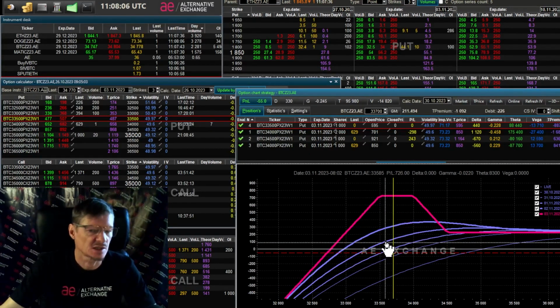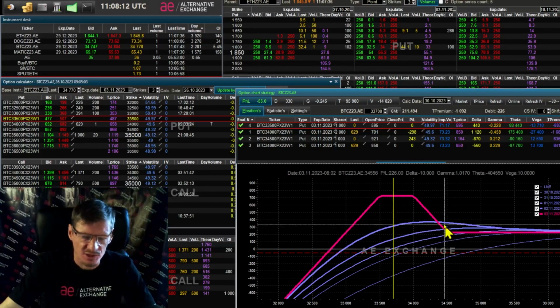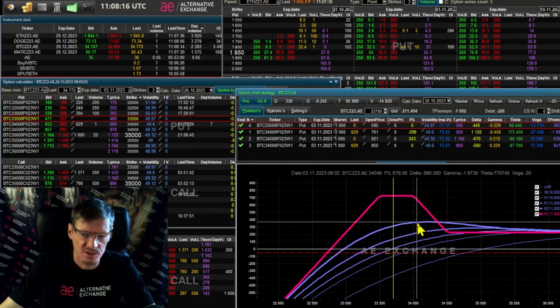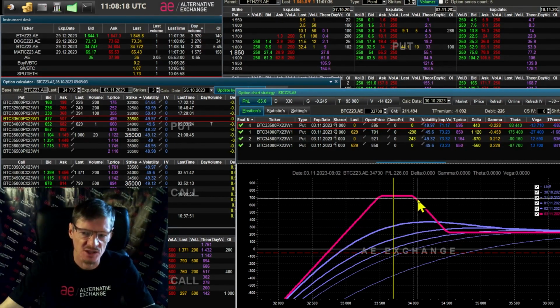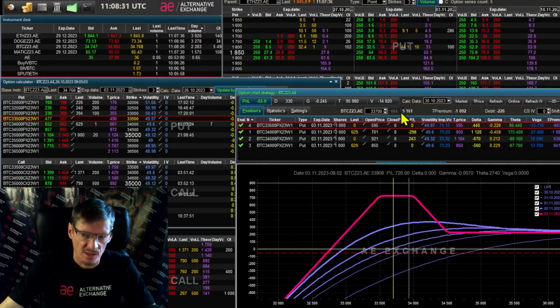But the main thing is to survive until expiration. You need to make all calculations correctly. You need a trading plan where all rolls are calculated and margin requirements are taken into account. So don't forget to click on the GM button to update the margin requirements.